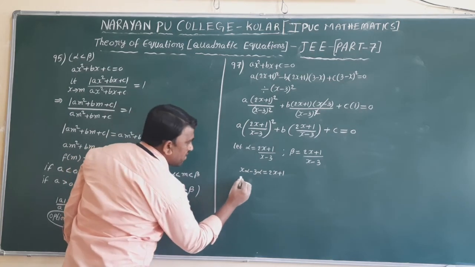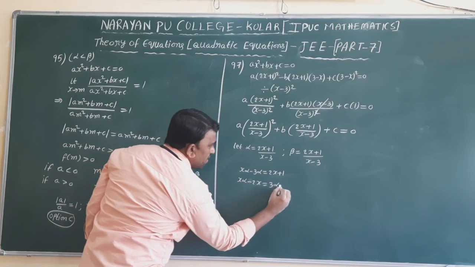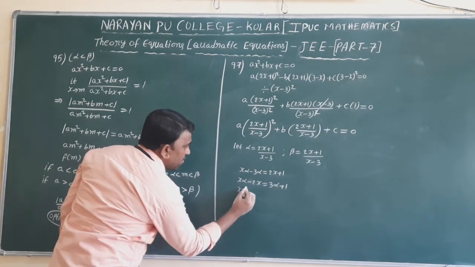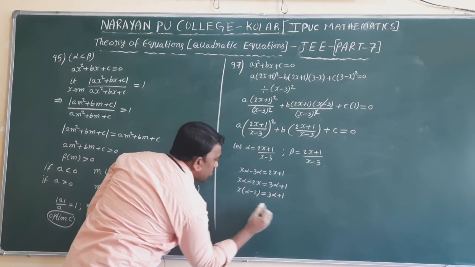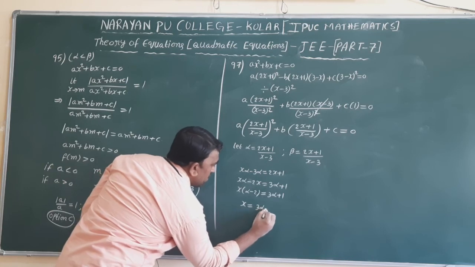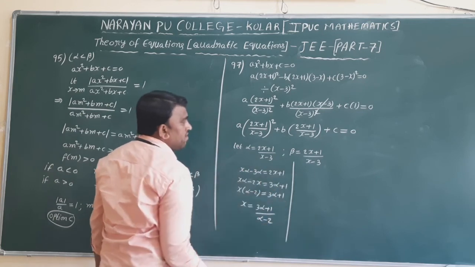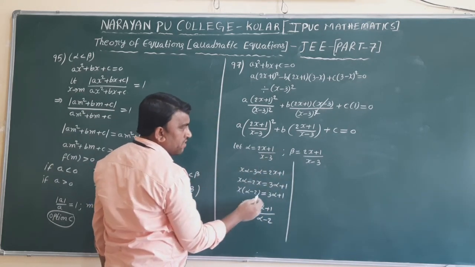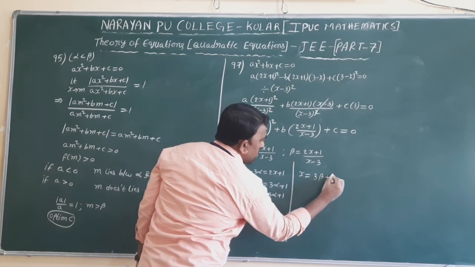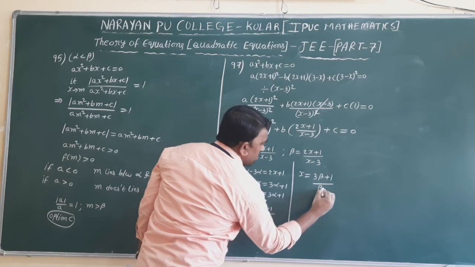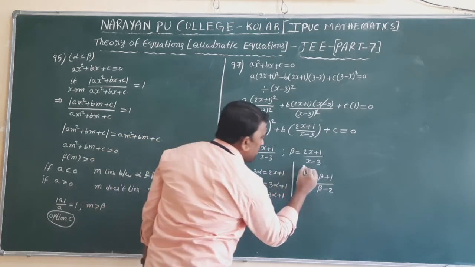Collect x terms on one side: x alpha minus 2x, take x common, is equal to 3 alpha plus 1. From this x is 3 alpha plus 1 by alpha minus 2. In the same manner, for beta we get 3 beta plus 1 by beta minus 2.